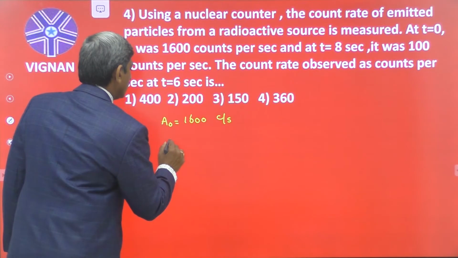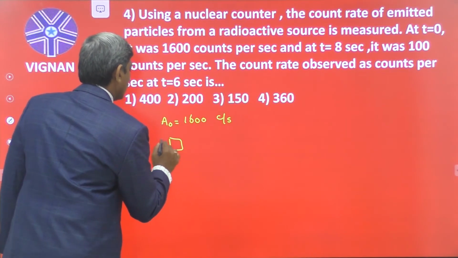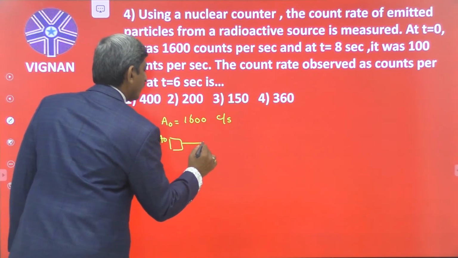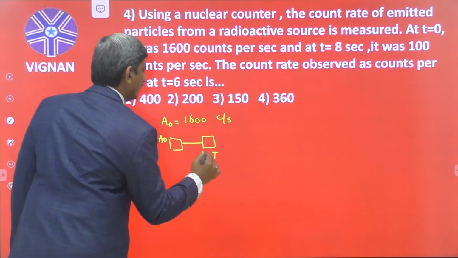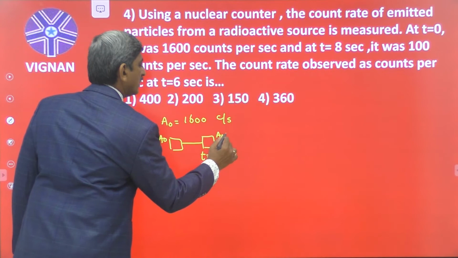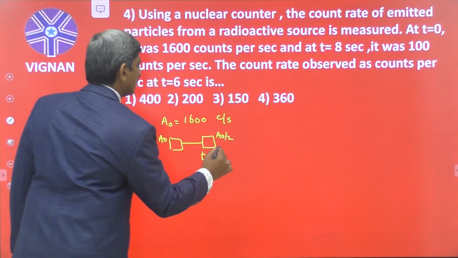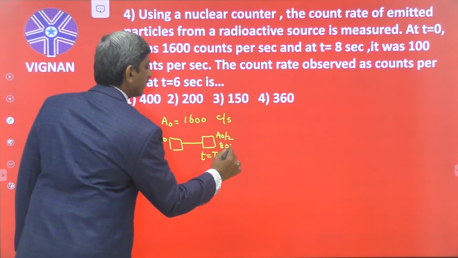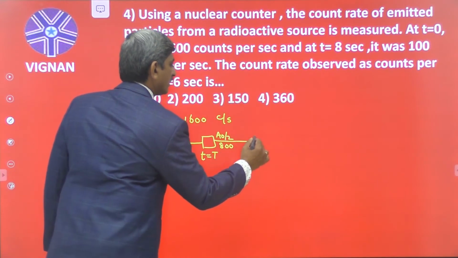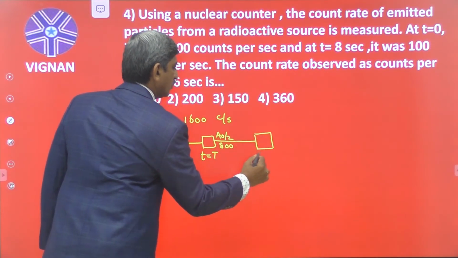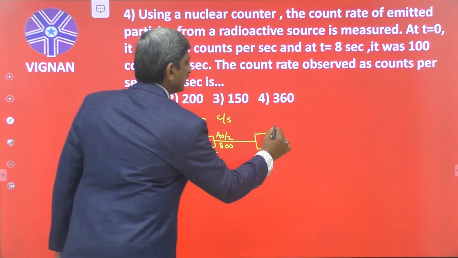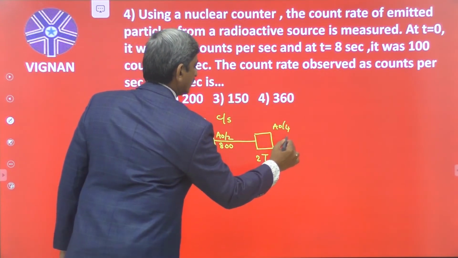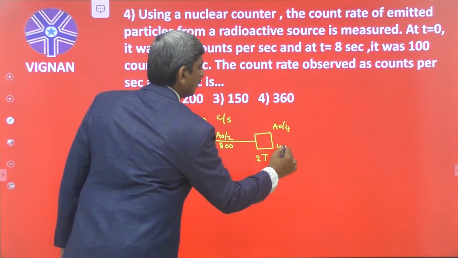That's why after one half-life, the count rate is equal to A naught by 2, that is equal to 800. After two half-lives, the count rate becomes A naught by 4, that is equal to 400.